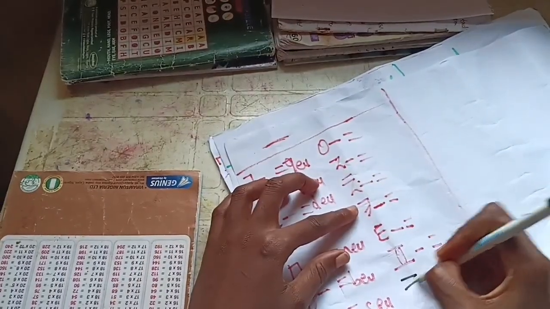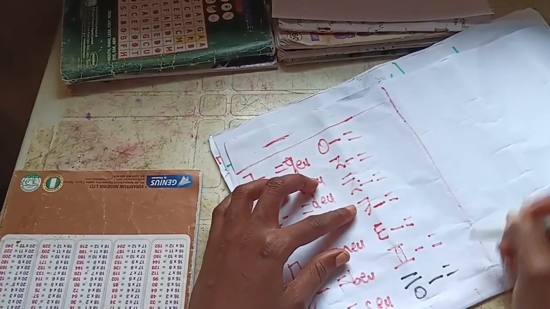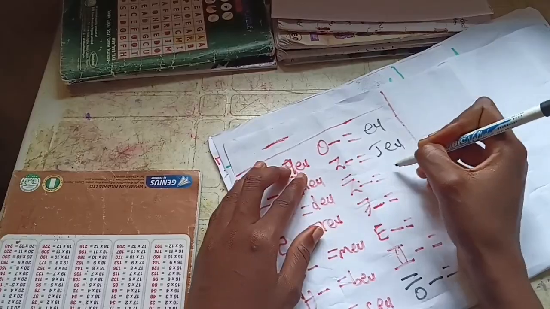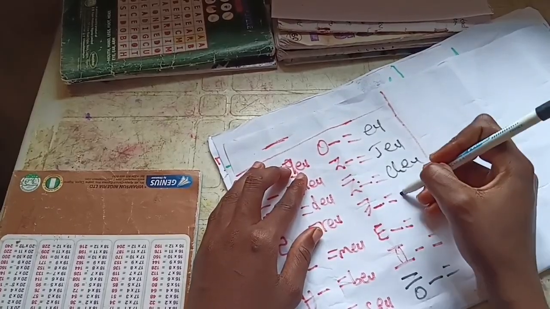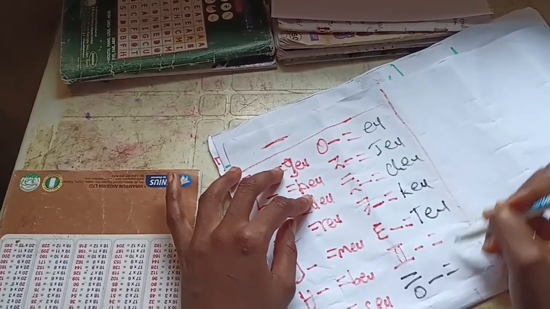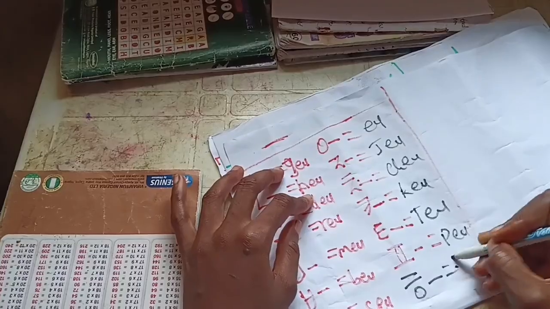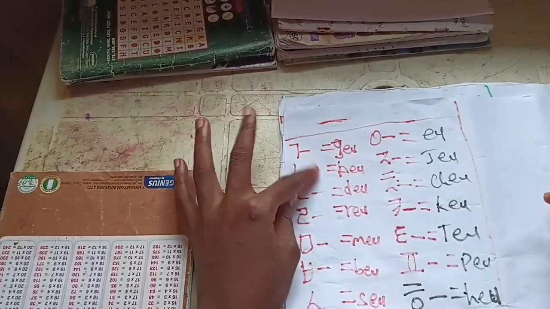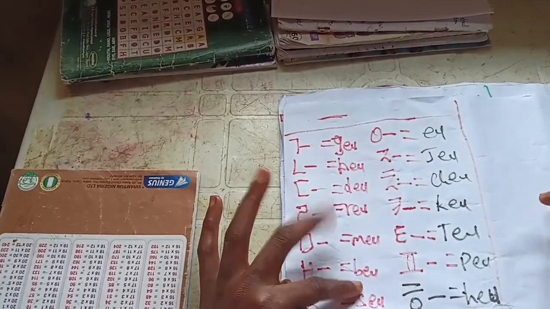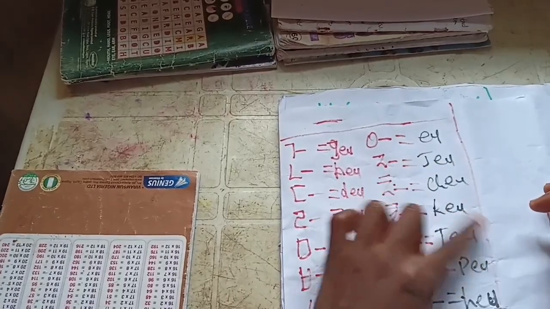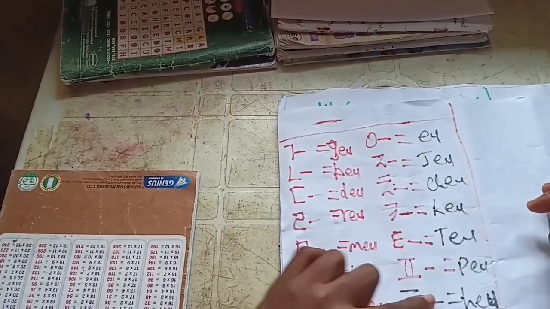And then we have hu and u, and this is basically just u. So gu, nu, du, ru, mu, bu, su, u, ju, chu, ku, tu, pu, hu.